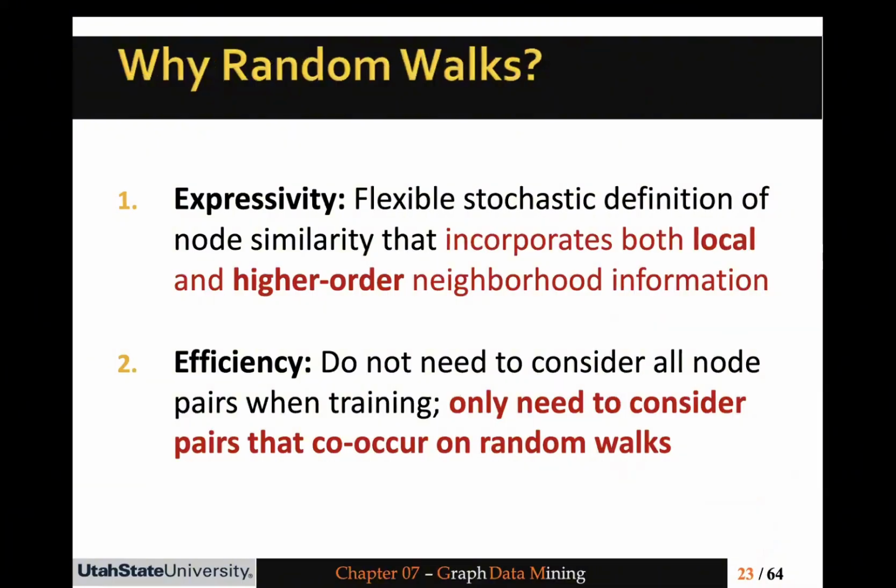Because of the random nature of walking from one node to another, I am not encoding any kind of heuristic in my walk. I am just randomly moving with equal probability from one node to the next neighboring node, and therefore it inherently incorporates both the local as well as the high order neighborhood information.